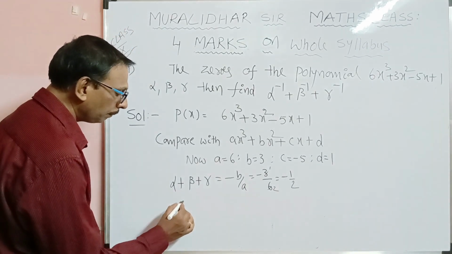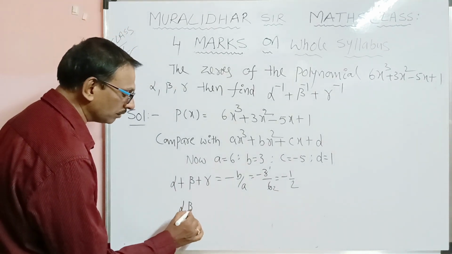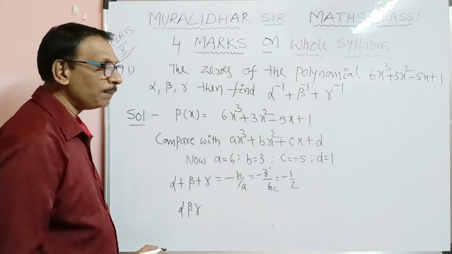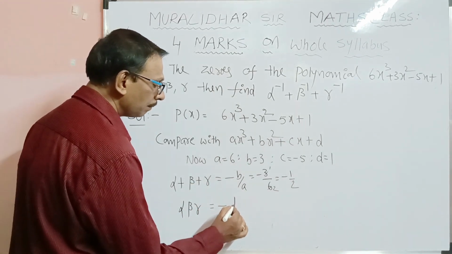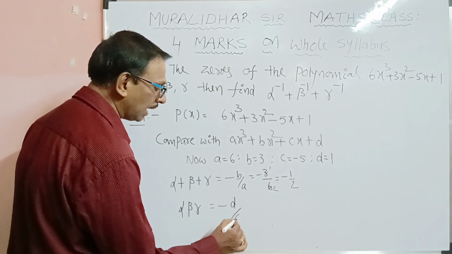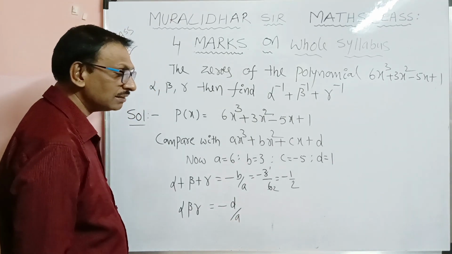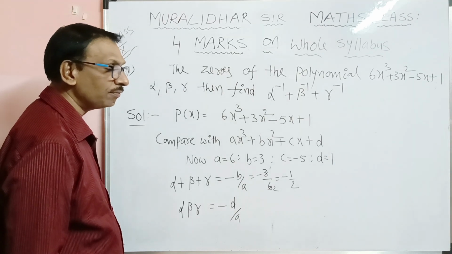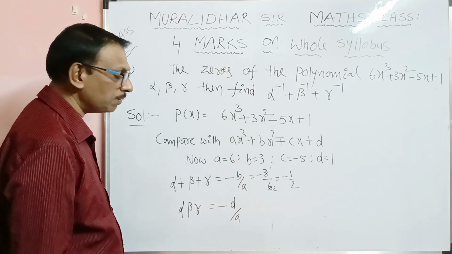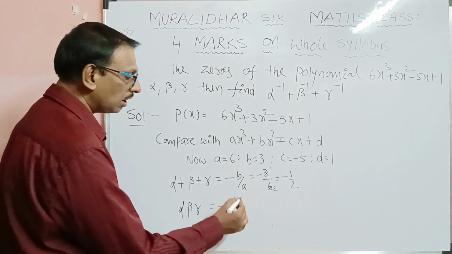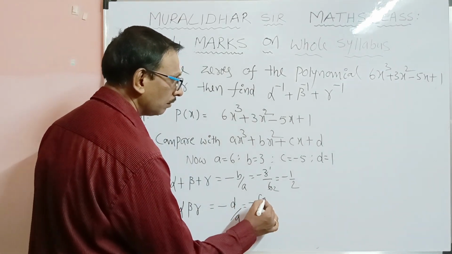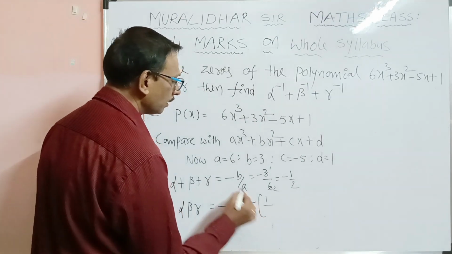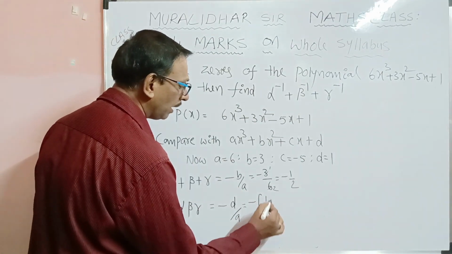Now product of the zeros alpha, beta, gamma is minus d by a, that is minus of constant term by coefficient of x cube, minus 1 by 6.